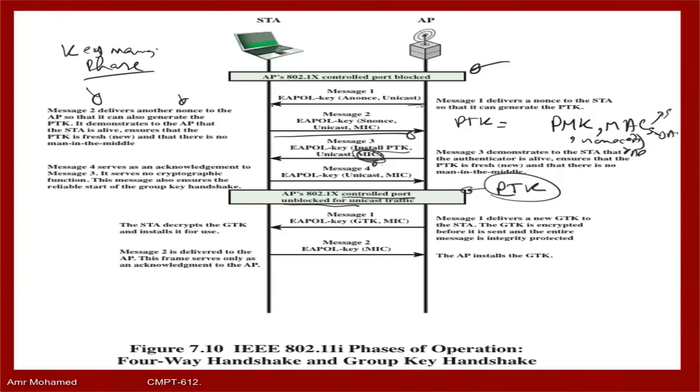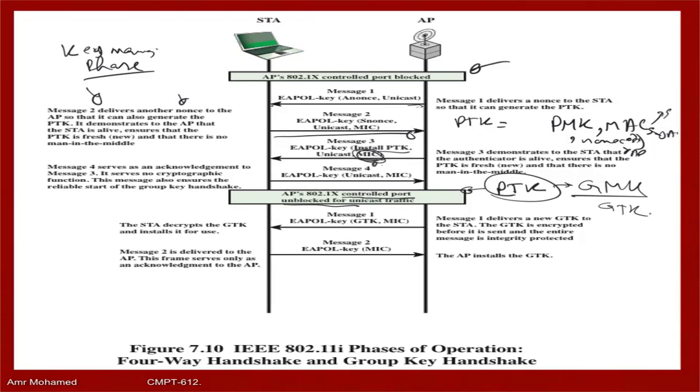Okay? And of course here, by the way, the group master key has also been generated, because the group master key is for multicast and broadcast, but what needs to be done is to generate the group transient key. Okay?